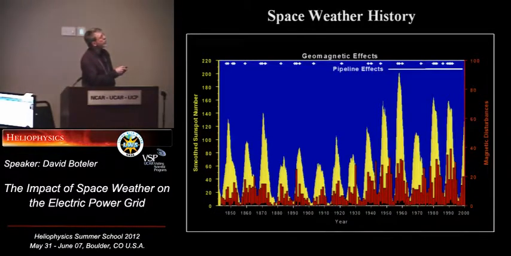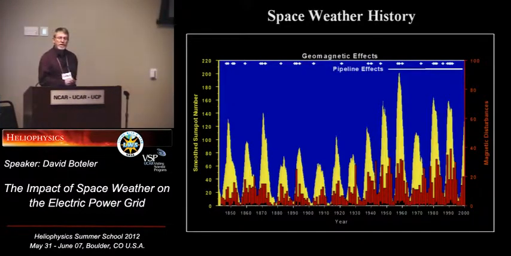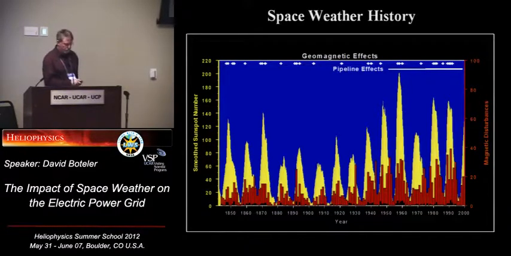From 1940 on, it is more effects on the electric power system. And then I'm showing pipelines here, and that's shown as a line rather than as diamonds, because there isn't a specific effect on a pipeline that you can tie to a magnetic storm. It's more the problems with the cumulative effects on the pipe of causing the corrosion of the pipe. So that's why that's shown like that.